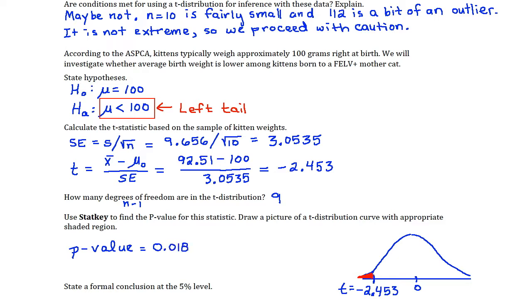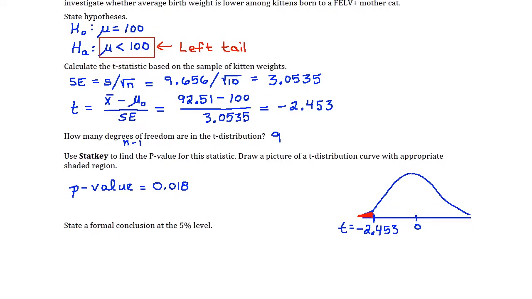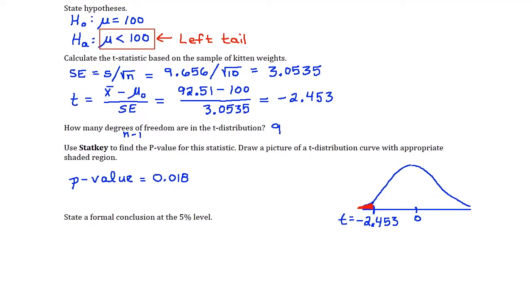And we're ready to state a conclusion, a formal conclusion at the 5% level, since we were given a significance level on this one. We want to make sure that we're stating this just in terms of, is it statistically significant or not? We would in fact reject the null hypothesis at this level because 0.018 is smaller than 0.05.